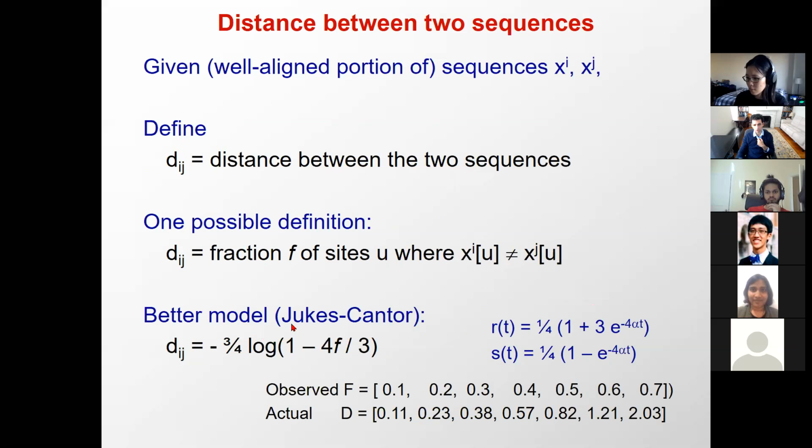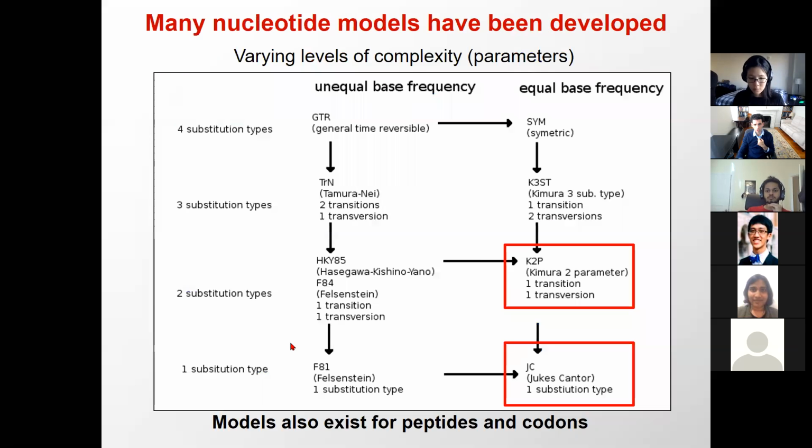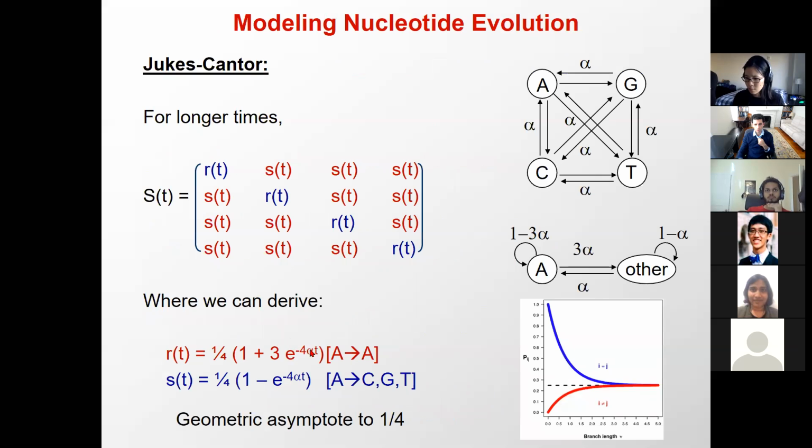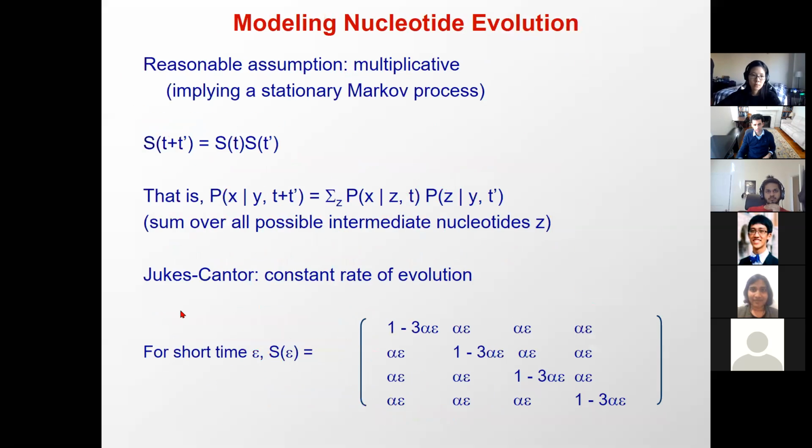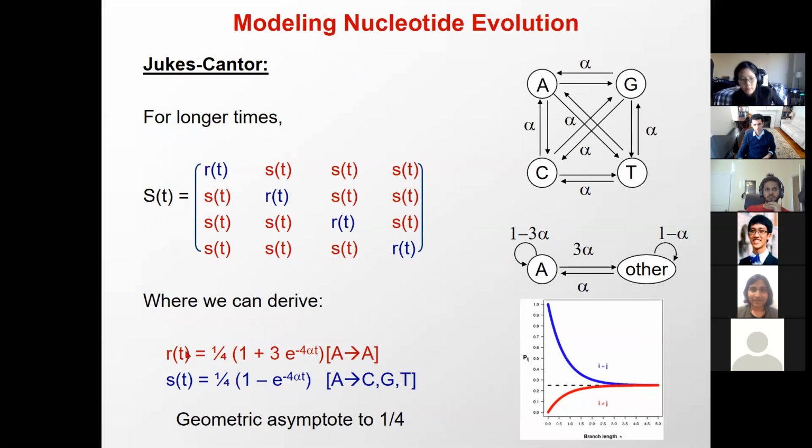But instead, a better model is to reverse that equation. So instead of saying, oh, great, over evolutionary time t, this is what my R of t looks like, what I want to know is what is the t given the number of substitutions that I have observed. So to do that, I just simply reverse that equation. So I'm taking the log instead of the exponent. And that's basically d of ij being minus 3/4 of the log of 1 minus 4 times the fraction of nucleotides that are identical divided by 3, which is basically this substitution rate that I have here.